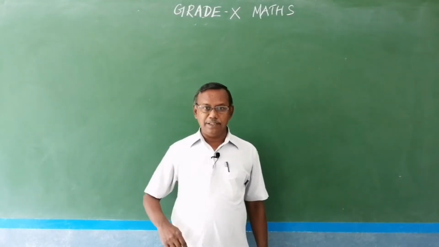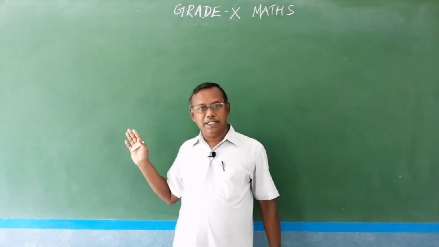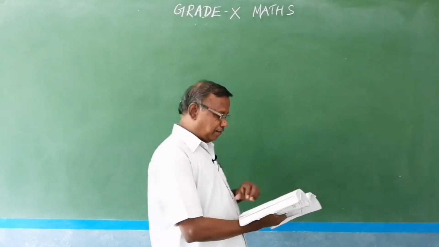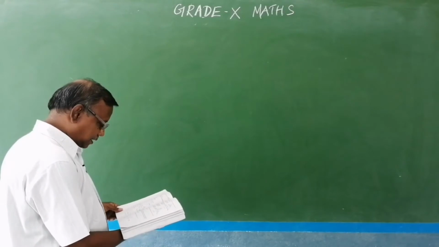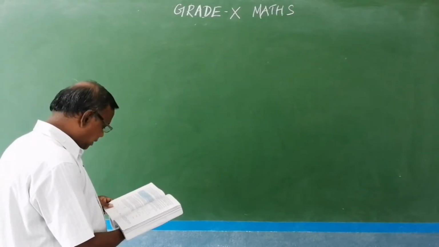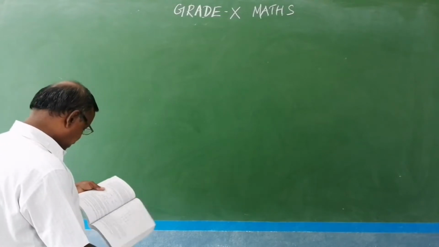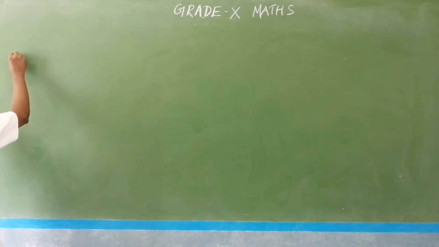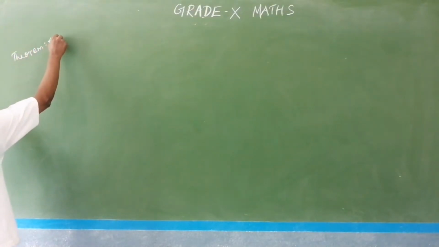Based on this condition, let us prove some of the criteria of triangles, in which the first one is the AAA similarity criterion, that is page number 132, theorem 6.4.